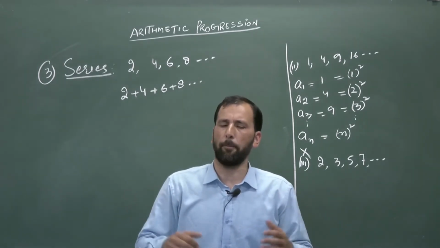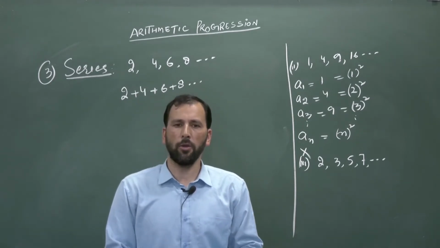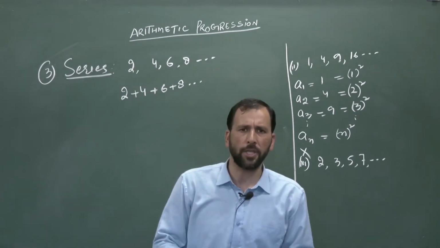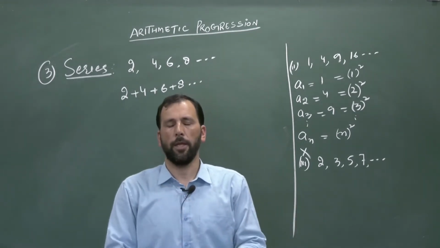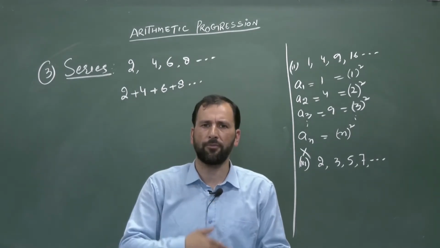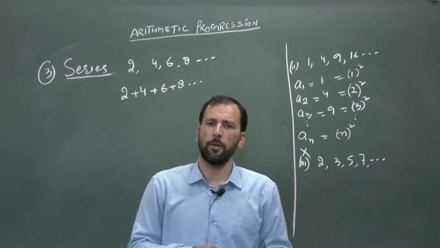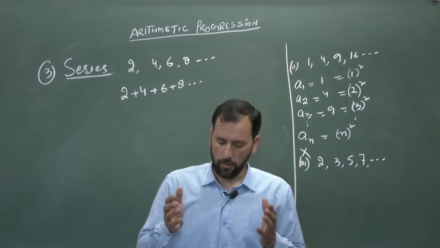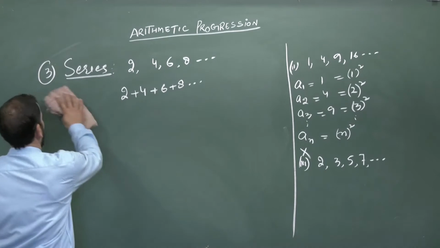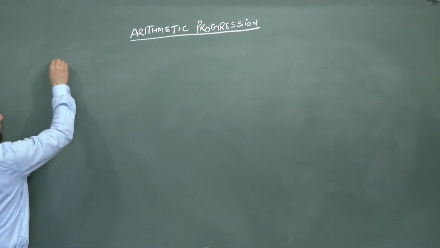An arithmetic progression is a list of numbers in which each term, except the first term, is obtained by adding a fixed number to the preceding term, and this fixed number is called the common difference.